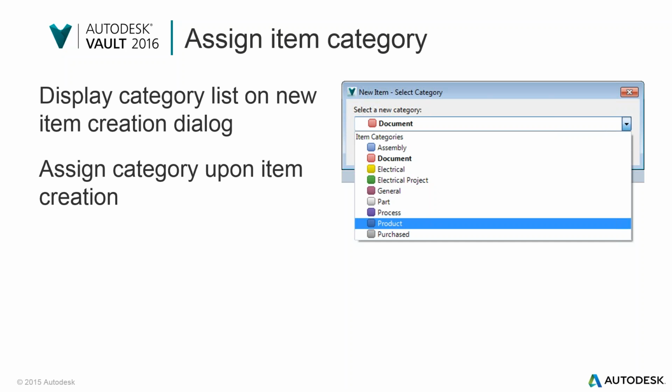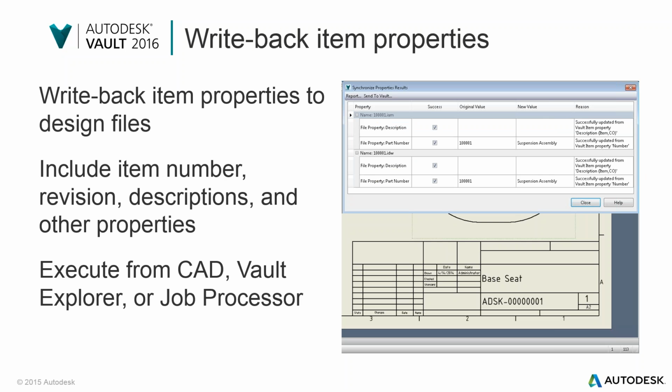You can define them to suit whatever your business is. And one of the big requests was also this property write back from the item back to the documents, so you can map those and ultimately synchronize them through your CAD or your client or through a job server. So let's take a quick look and see what functionality the unification of the life cycles is giving.